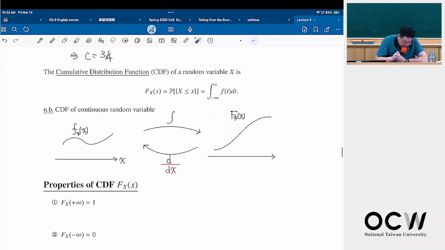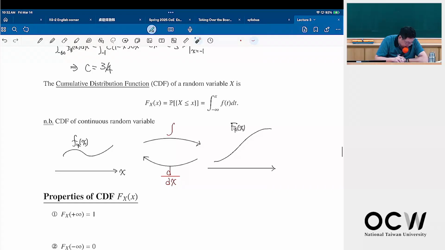First, let's see. The CDF of x, F of x, means that I will do the integration from -infinity to that certain point x. I can change it to z. It is just a number.